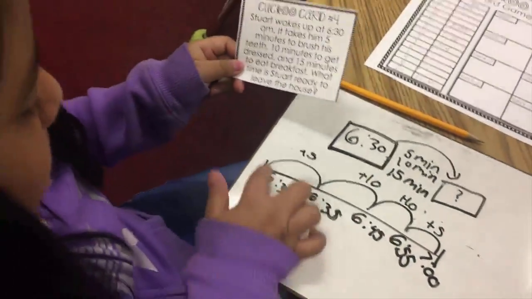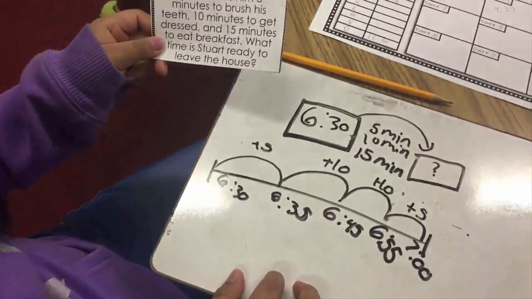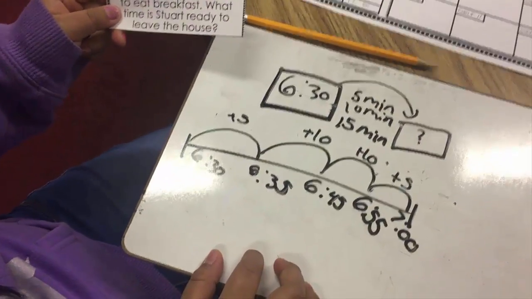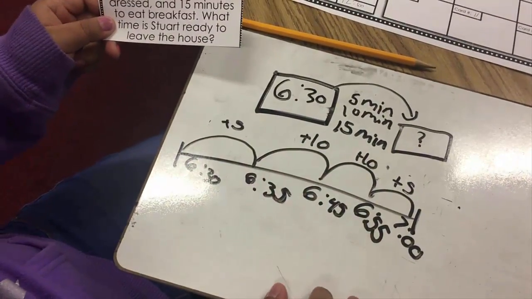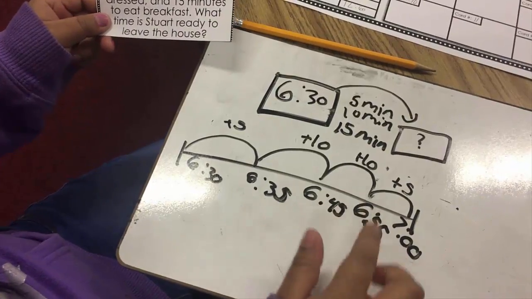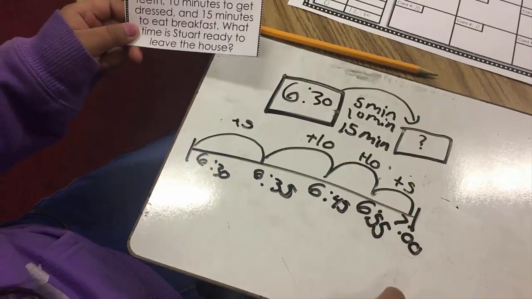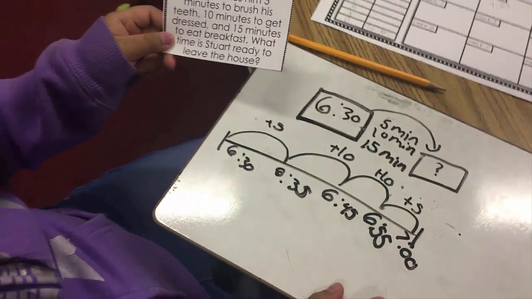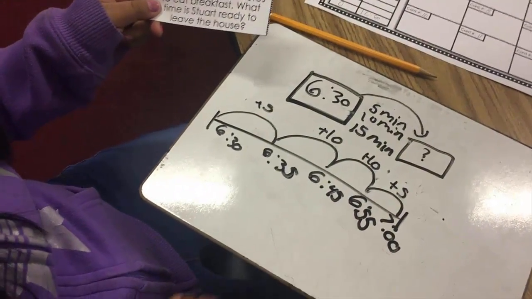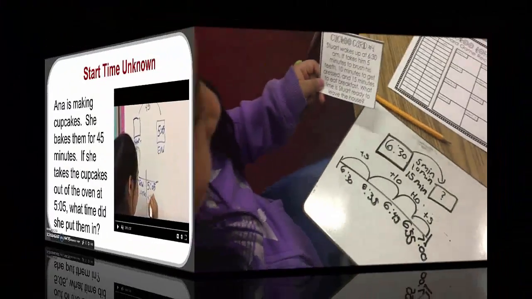And I hopped 5 minutes to get to 6:35 and 10 minutes to get to 6:45 and another 10 minutes to get to 6:55 and 5 minutes to get to 7 o'clock, and that's how I got the answer.